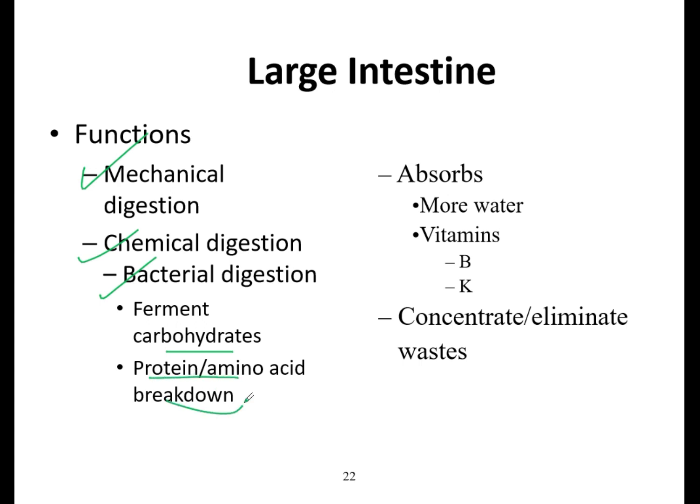Also some absorption occurs in the large intestine, mostly water and vitamins, especially vitamin B and vitamin K. Next is concentrating and eliminating waste.